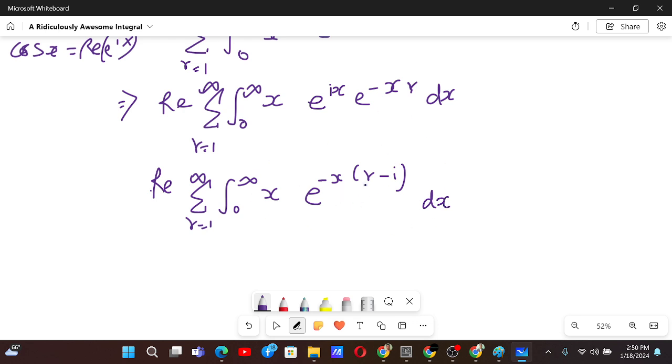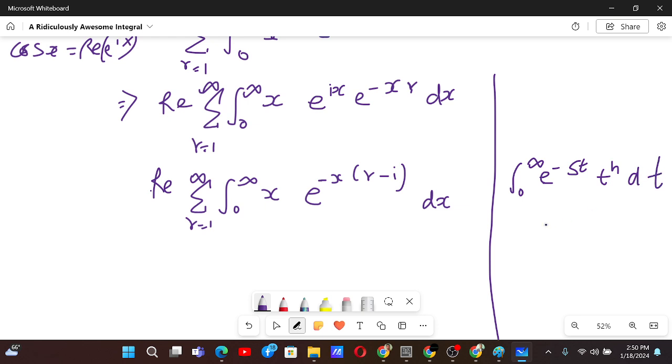Now this is a well-known integral. This is just the Laplace transform: the integral from 0 to infinity of e to the power minus st times t to the power n. If we have such an expression, the Laplace transform would be gamma of n plus 1 by s to the power n plus 1. So we'll use this formula now.